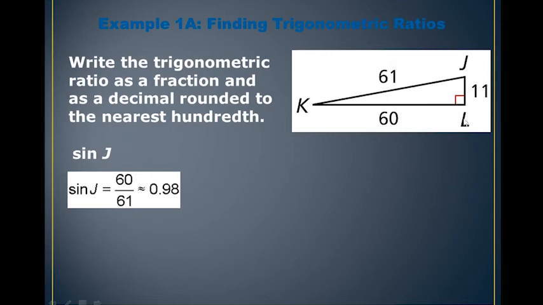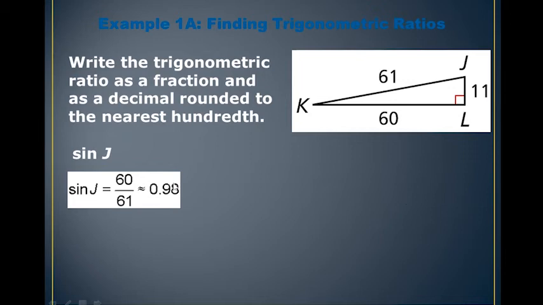So 11 will be the base, and the KL side, the 60 length, will be the perpendicular. The hypotenuse is basically opposite to the 90-degree angle. This box represents the 90-degree angle.